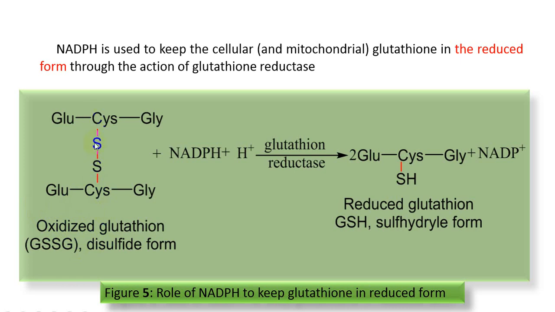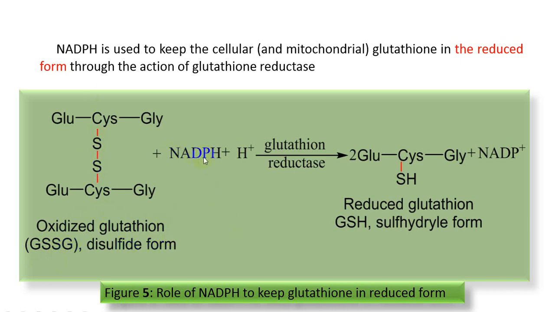That means we've got two sulfurs, with a bond between the two molecules. This one is bonded with this one by the sulfur bond, and this is the oxidized glutathione, or disulfide form, GSSG. Now, three terms: oxidized glutathione, GSSG, or disulfide form.